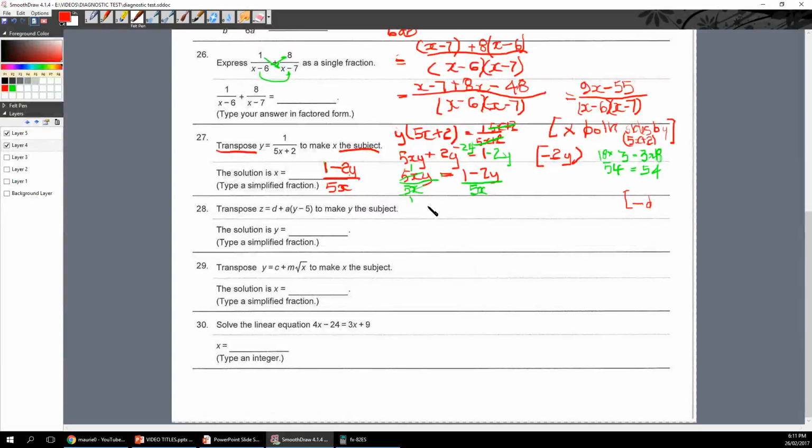So that'll give us Z minus D equals, and then I'm going to expand the brackets, AY minus 5A.